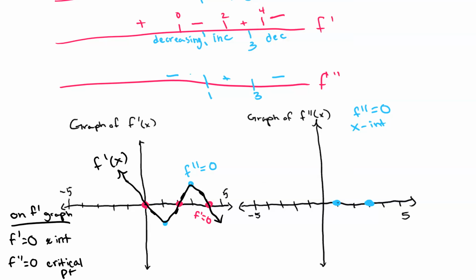So I've got negative, and then positive, and then negative. That means that to the left of 1, I'm going to be negative. In between 1 and 3, I'm going to be positive, and then I'm going to be negative again. And there we've got it. So go ahead and try the I do problem.